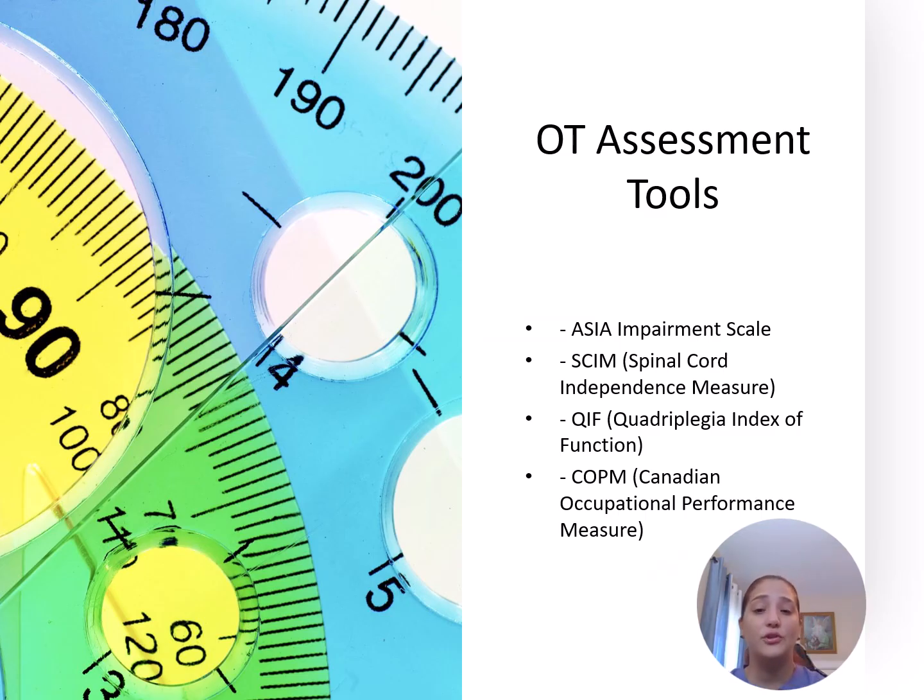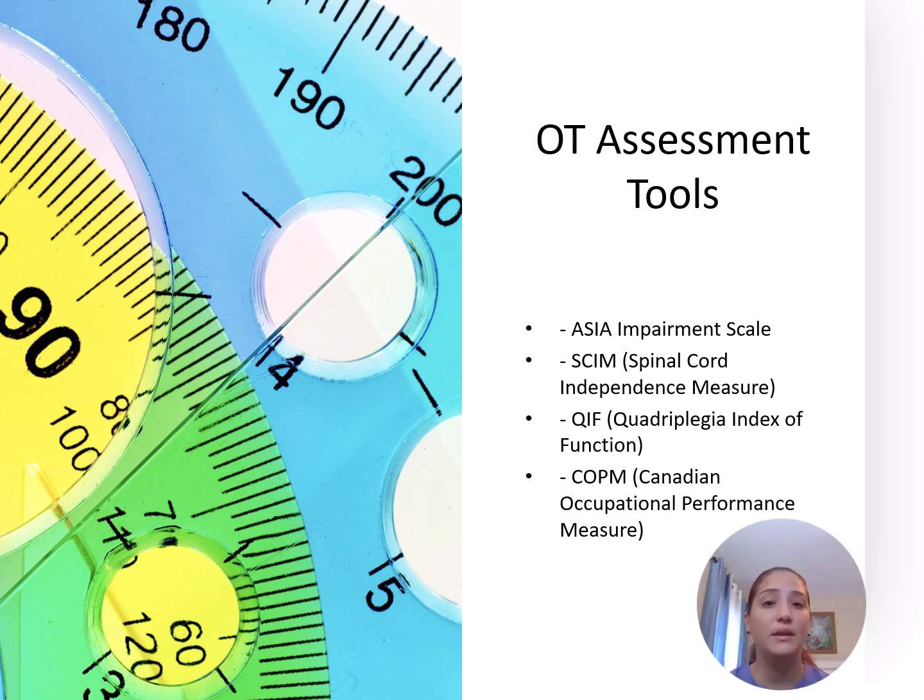To track functional abilities and guide our interventions, OTs use a variety of tools, including the American Spinal Injury Association Impairment Scale. This scale is used to assess motor and sensory function at specific spinal cord levels.